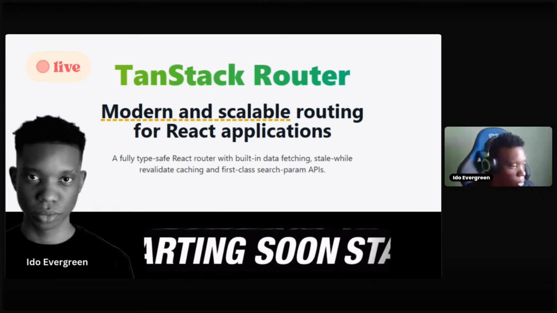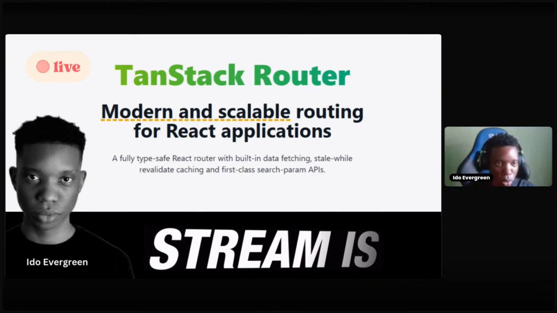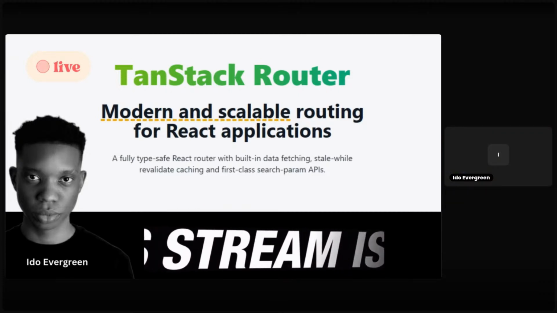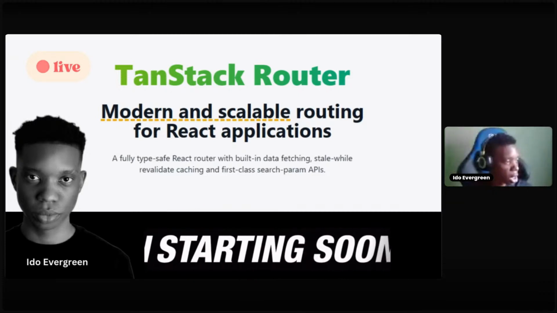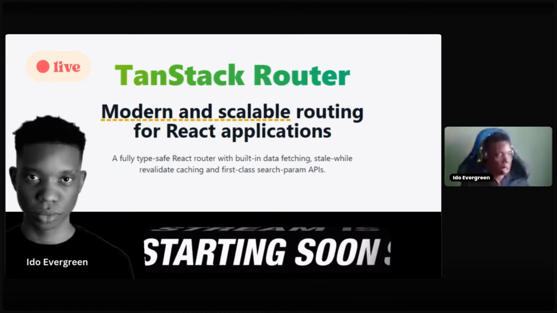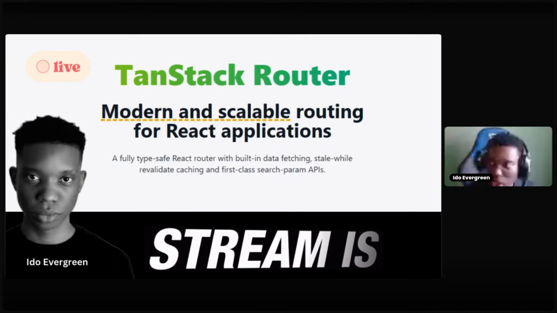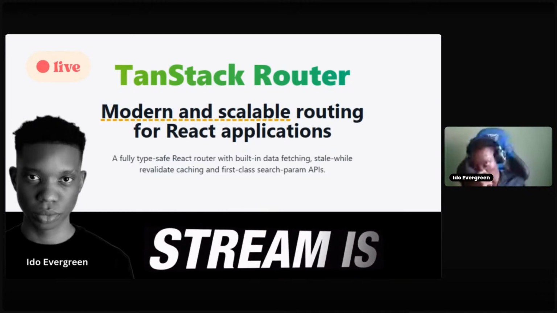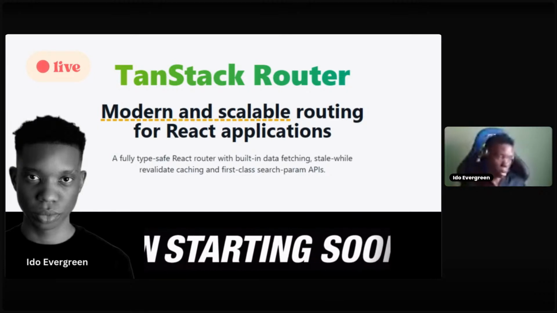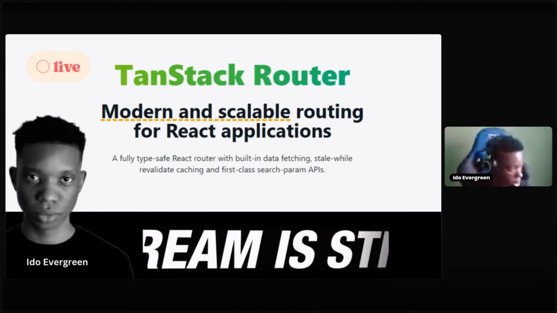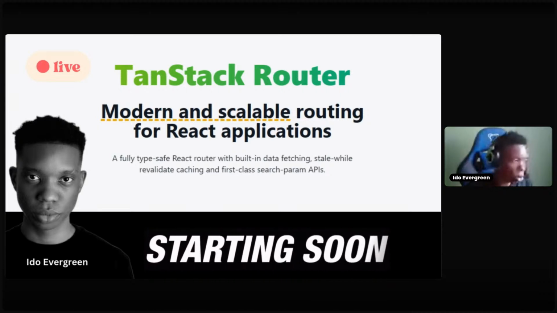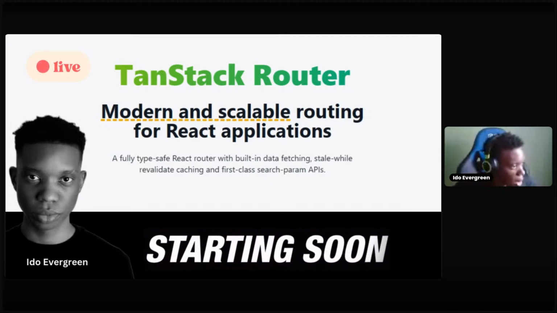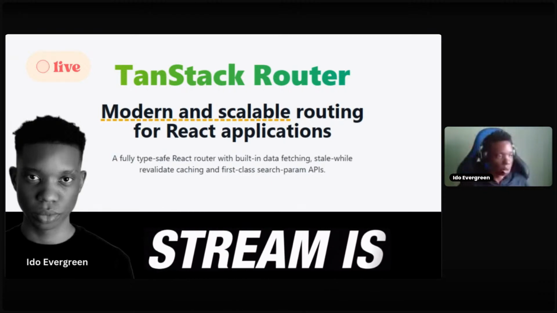So the idea for this particular live stream is just to try out Tanstack router. I think Tanstack router should be very stable right now, and some months ago it was actually in beta, but currently it should be stable for production applications, using it on the front end to handle routing.